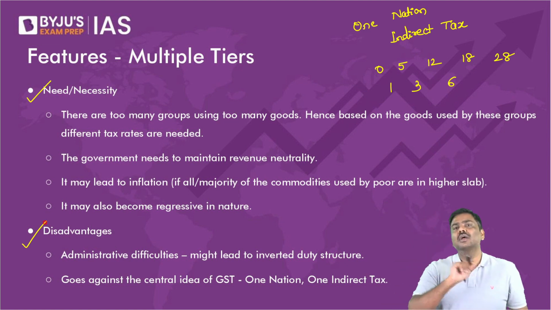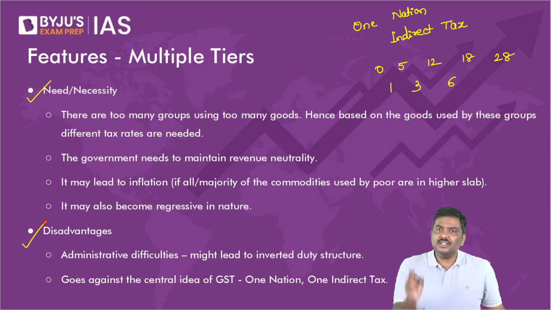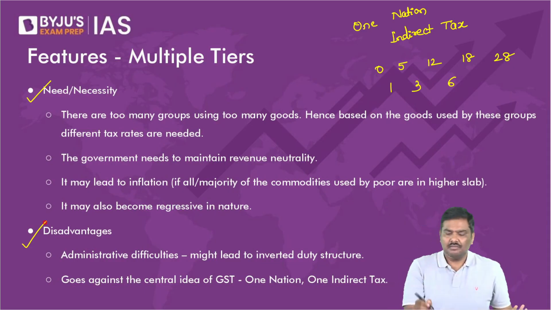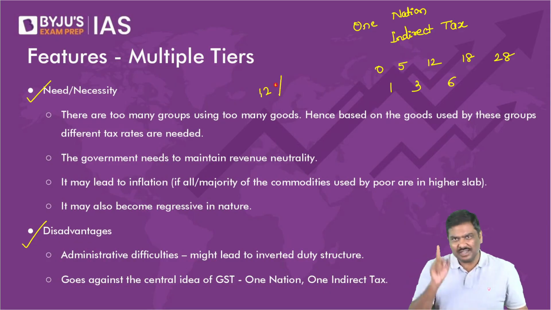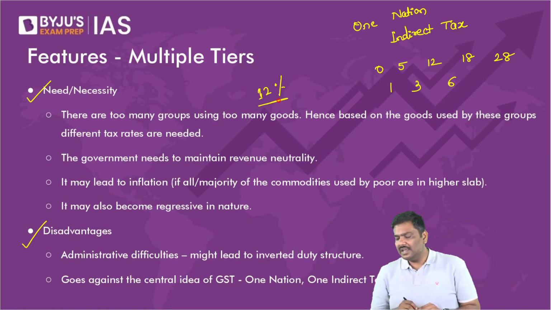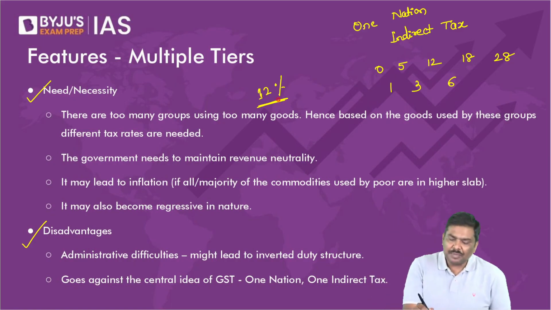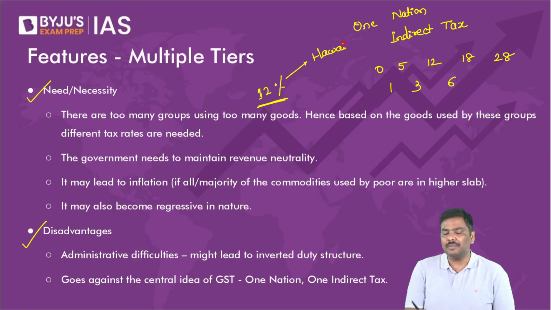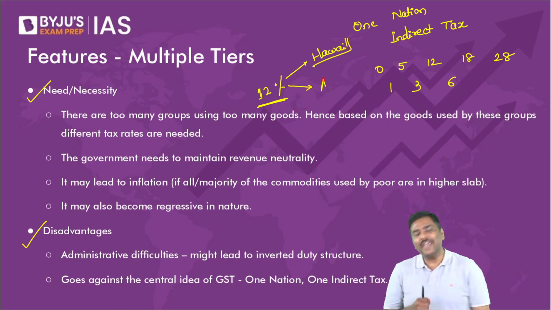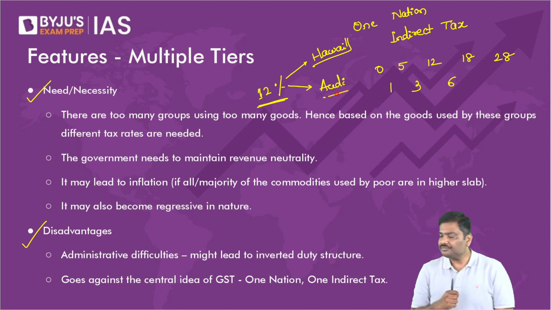Point number 1. Please tell me if there is only one rate of GST, let's say 12% rate of GST, and this is applicable on, let's say, Hawaii chappals. It is applicable on Hawaii chappal, and this is also applicable on Audi car. Tell me now, is it fair to the poor people?